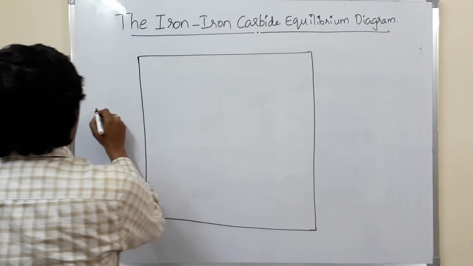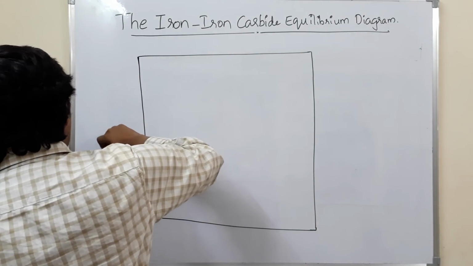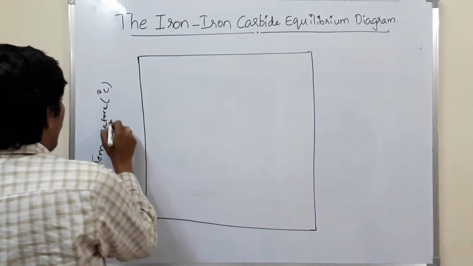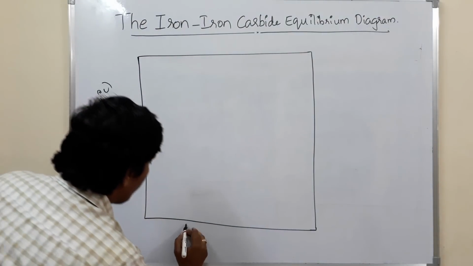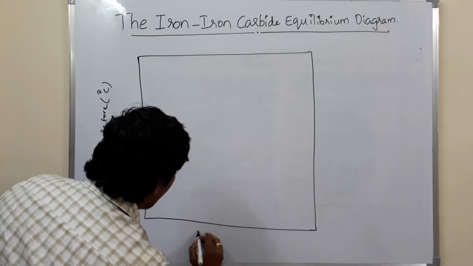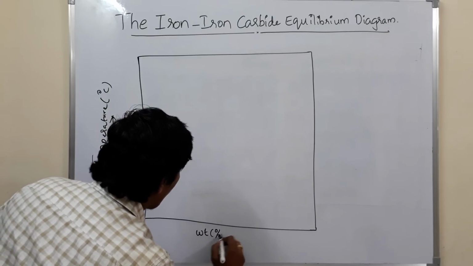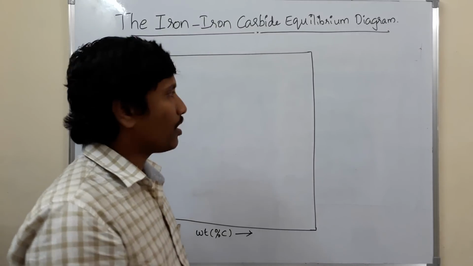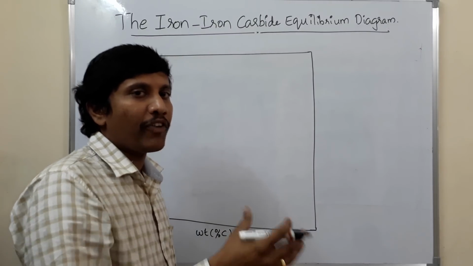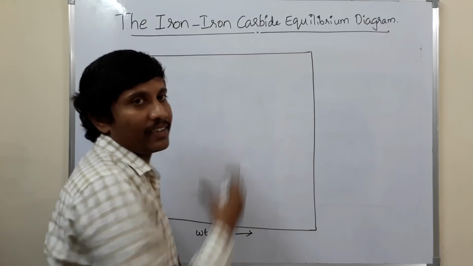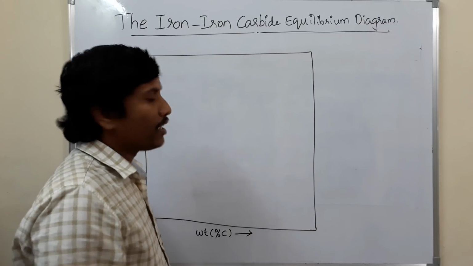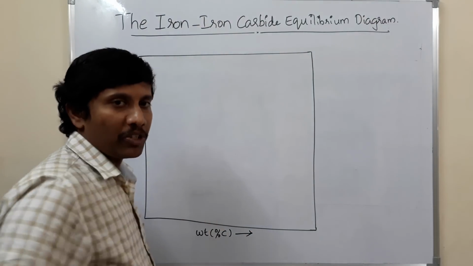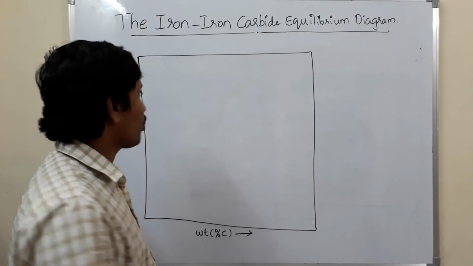I am taking temperature in degrees centigrade on the y-axis and composition, that is weight percentage of carbon, on the x-axis. I will indicate all the different phases present in steels, that is the iron carbon system, in this phase diagram plotted between temperature and composition, that is weight percentage of carbon.